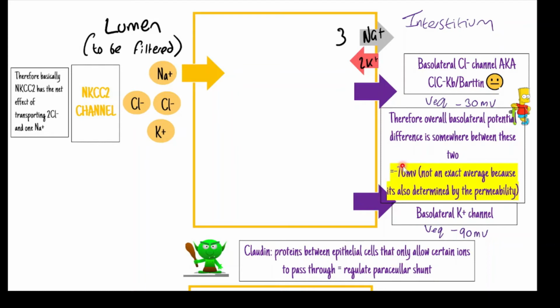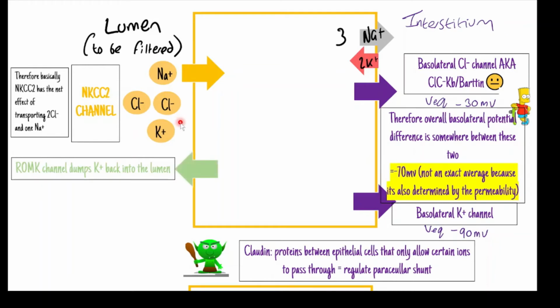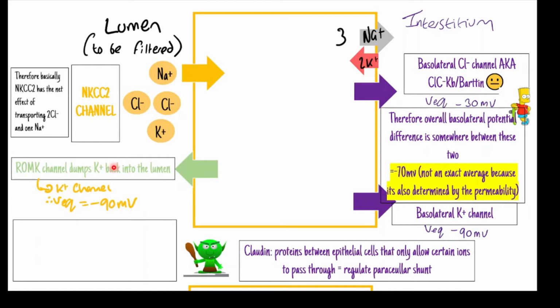What about our luminal side? So remember our ROMK channel, which dumps K plus back into the lumen. What's the VEQ of this? Well, this is a K plus channel as well, so it's going to have the same VEQ, right? So all K plus channels have this VEQ of minus 90 millivolts. That's not the whole story though. So what's the overall voltage of this side and this side, ignoring the NKCC2 just for now?